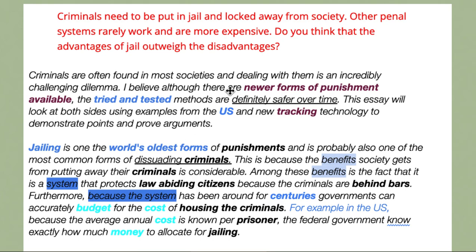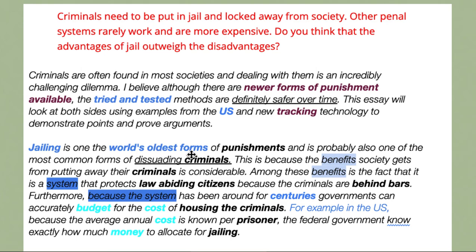So for example, here we've got the introduction, and as I mentioned in the previous tutorial, we've just mentioned our examples, and then we're going to refer back to them again. We're going to refer back to the points we've made, okay? And this is cohesion in action, yeah? So jailing obviously refers to tried and tested.